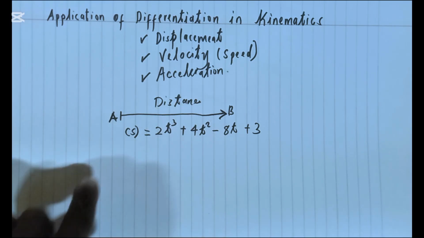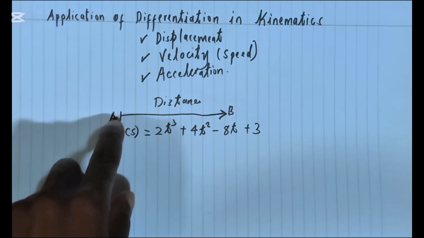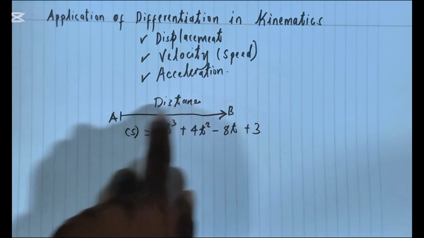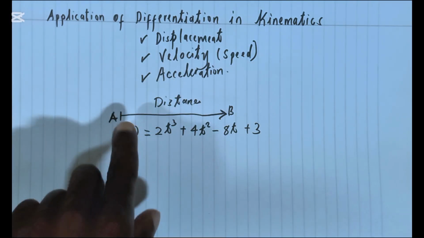However, when we talk of an object moving from point A to B, and we are talking of how fast that distance is covered, then we talk of velocity.